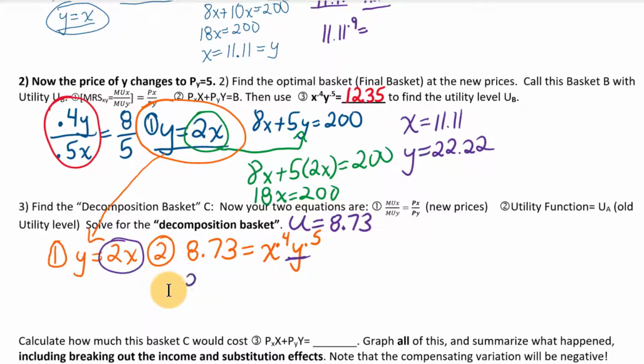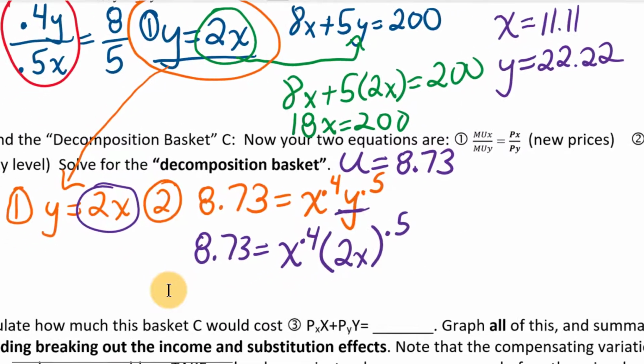And so 8.73 equals x to the 0.4 times 2x to the 0.5. We're going to distribute that 0.5 power: x to the 0.4, 2 to the 0.5, and x to the 0.5.